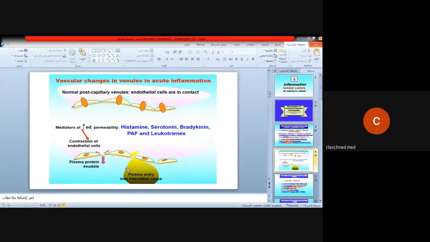The plasma enters the interstitial space or interstitial tissue, also called extravascular space, the same thing. So this will lead to the formation of inflammatory exudate in the extravascular tissue.